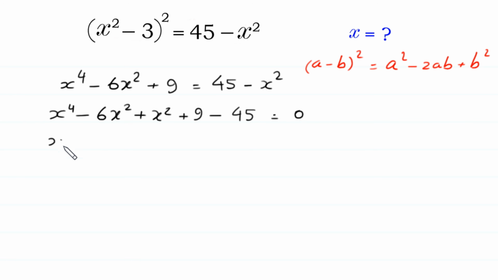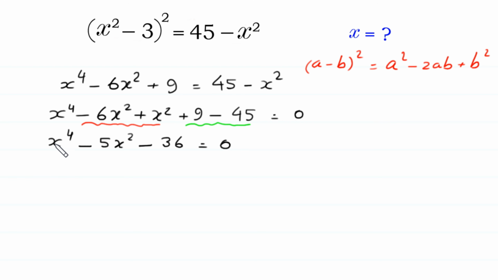Next, x to the power 4 minus 6x squared plus 1x squared, negative 5x squared, plus 9 minus 45, negative 36 is equal to 0.